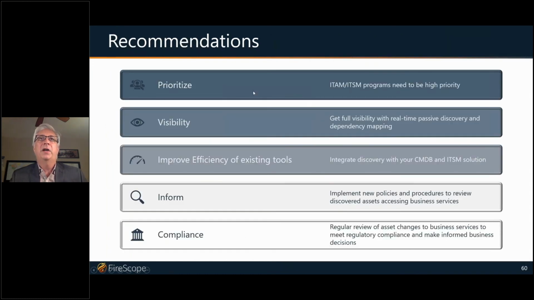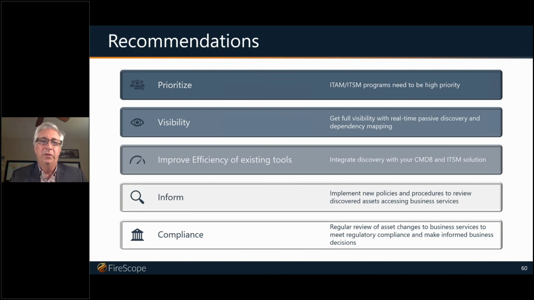All right, so let me talk about some recommendations here. First of all, you've got to make your IT asset management and your IT service management programs a really high priority in your organization, especially during these times when you have so many unsecured, unknown devices now hitting your network. It has to be a priority, so make sure you do that.